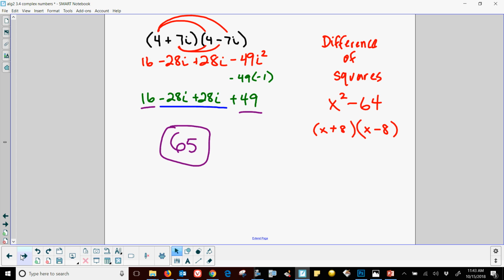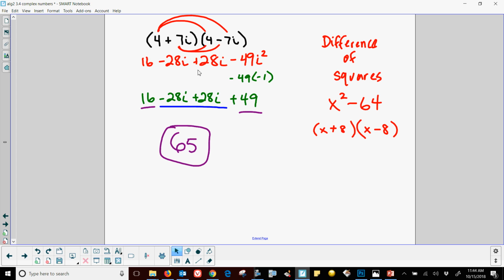But this guy's going to be our best friend: difference of squares. These are special cases, like x squared minus 64 was x plus 8 and x minus 8, because we need to multiply to -64 and add to the 0 that's in the middle. We'll actually use this to help us get rid of i in the next video, because i squared becomes -1.